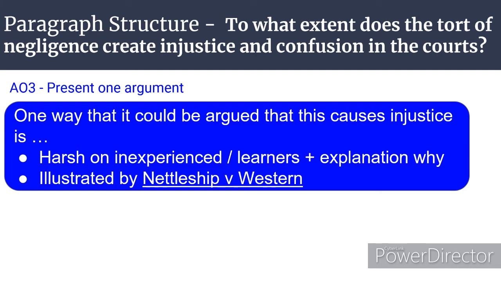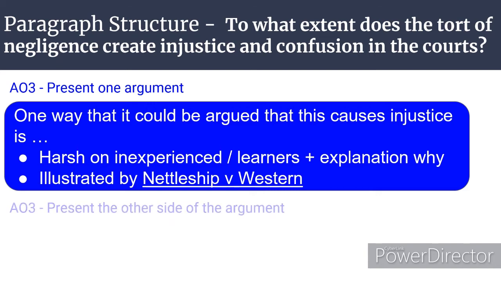And I would explain that that's because they can't be expected to reach the same standard of a reasonable person. That seems very harsh. And I would illustrate that with my Nettleship v Western case, that it seemed quite harsh that she was held accountable, even though she was only learning to drive, but she was expected to drive to a competent standard, even though she was learning. So I might argue that.